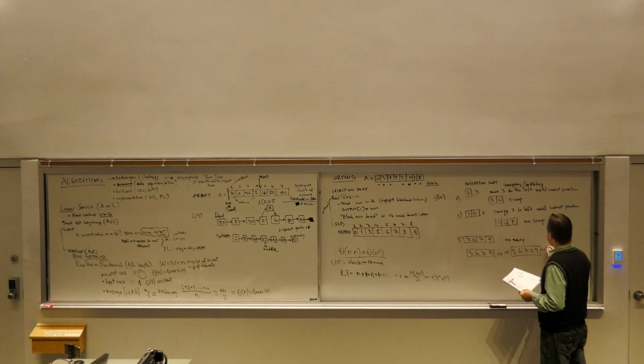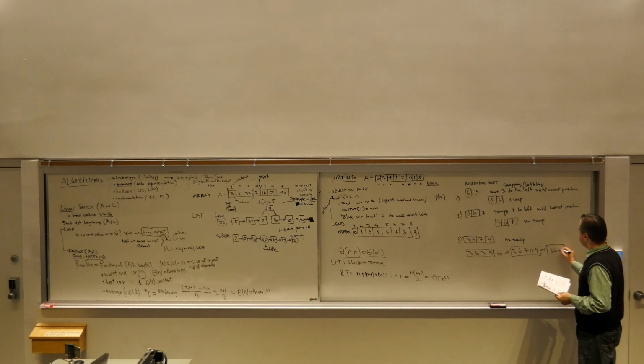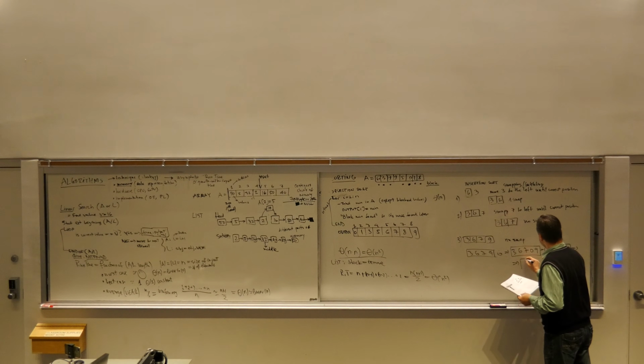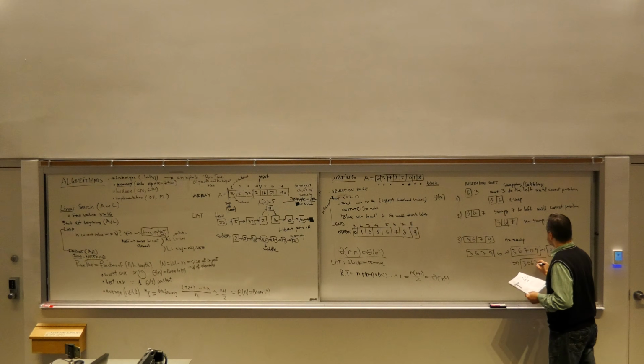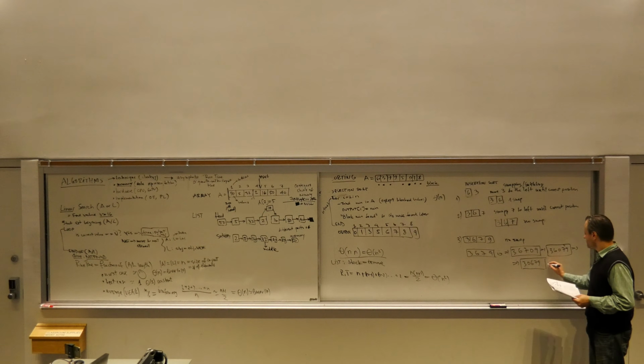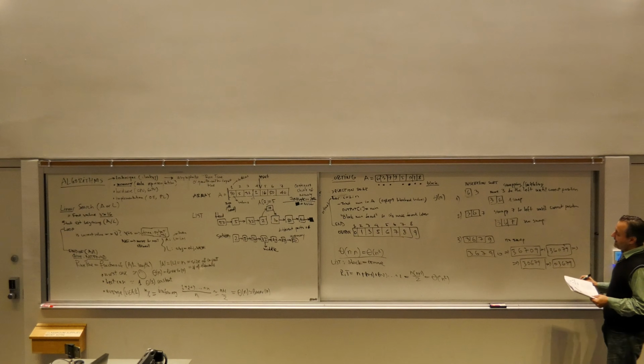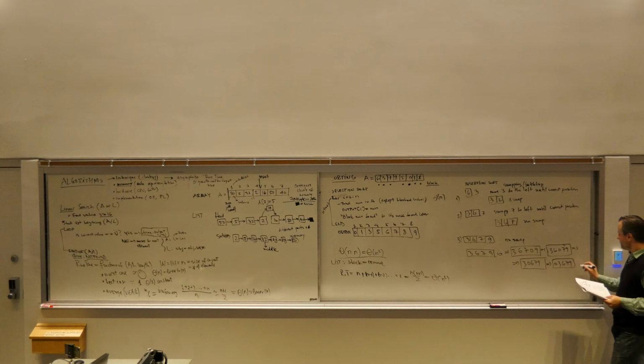Then another swap: 3, 6, 0, 7, 9. Then another swap: 3, 0, 6, 7, 9. Do I still need swaps? Yes, one more swap: 0, 3, 6, 7, 9. Now how many swaps happened here? 4 swaps.